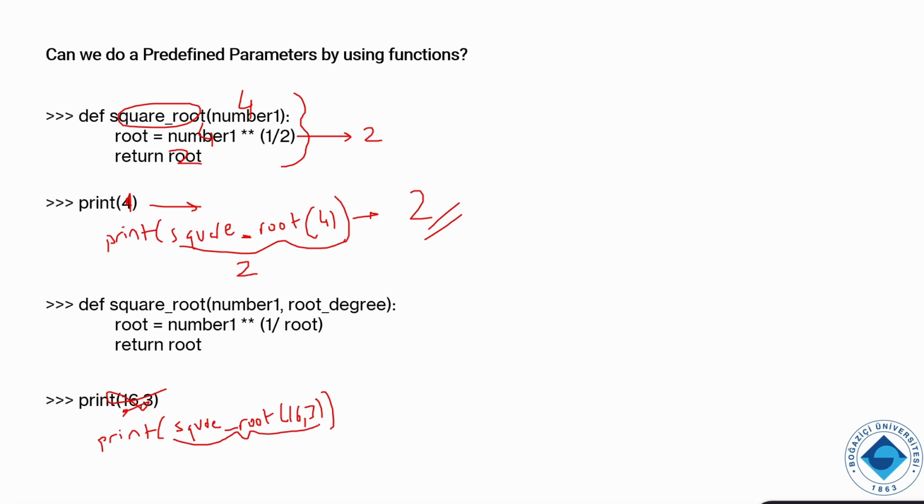Let's find out what will happen. Then number 1 will be 16, root degree will be 3, right? Then here root equal to 16 star star 1 divided by 3. So it will return. Let's calculate together. Let me calculate and come back.